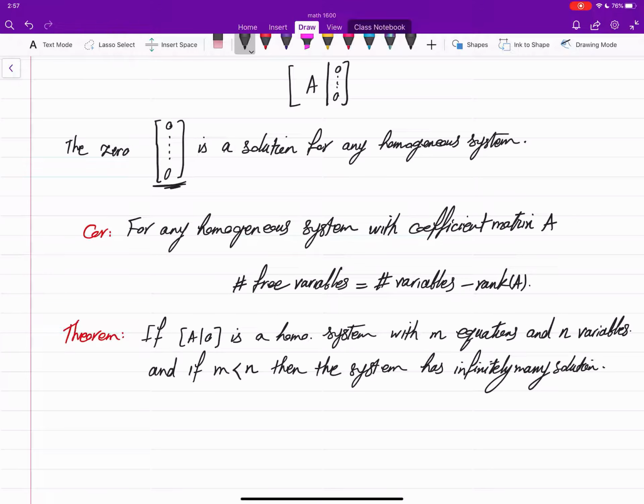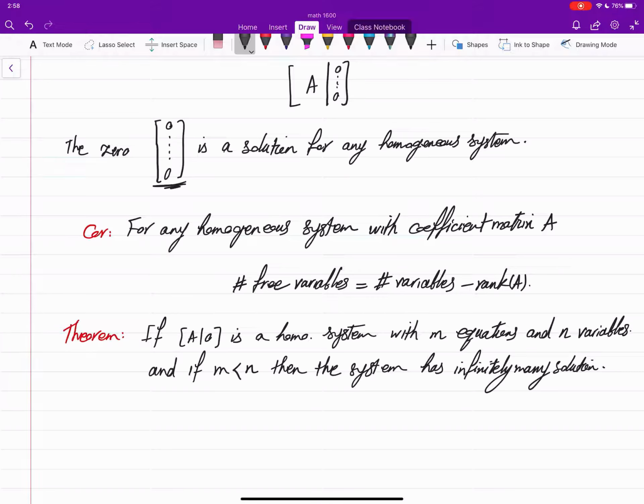So in a homogeneous system, if the number of equations is less than the number of variables, we are going to have infinitely many solutions, and that's because of the rank theorem.